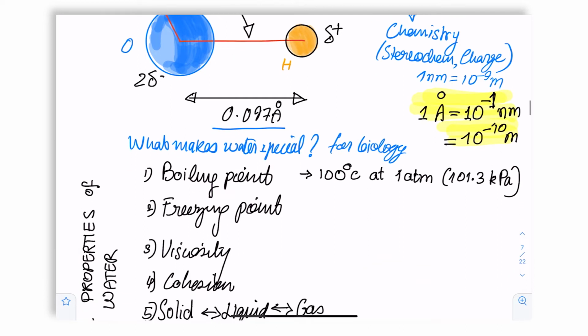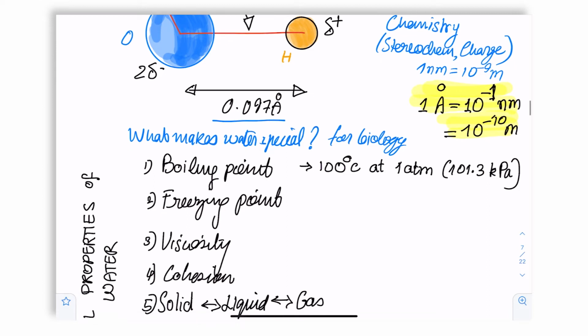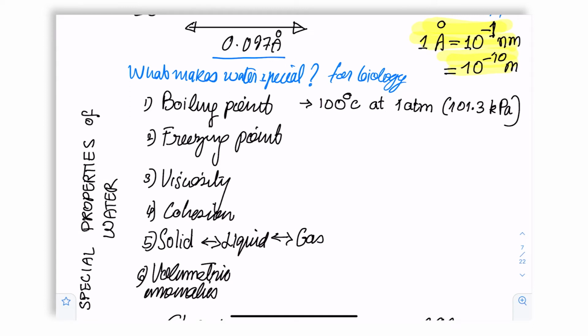So we are aware the boiling point is 100 degrees Celsius at 1 atmosphere, that is to say 101.3 kilopascal. The freezing point is a triple point. The viscosity has unusual properties that arise out of a hydrogen bonding network.